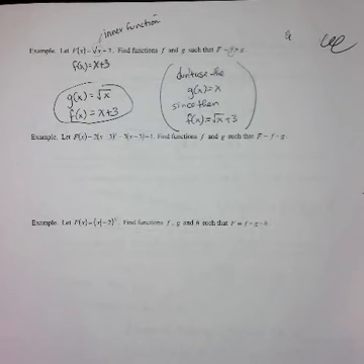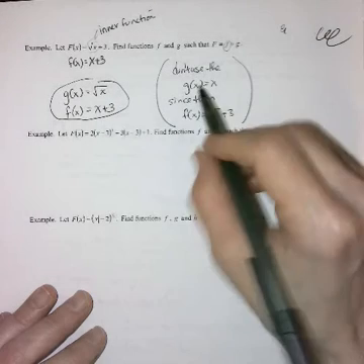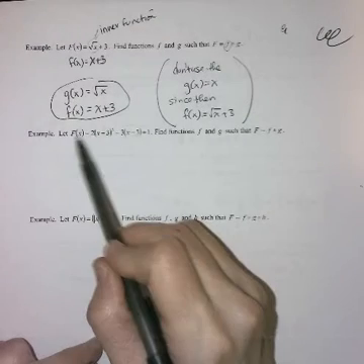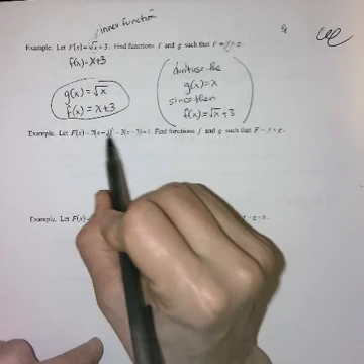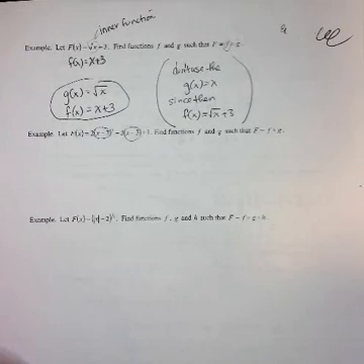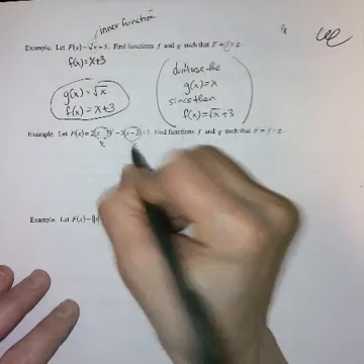Okay, so on to the next one. Again, we don't want to pick just x for our inner. We want to pick something more interesting. So in this function, I think the choice is pretty obvious. Anytime you see an expression more than once in the function, that's going to be a good choice. So we're going to choose this for our inner, and then these will become our x's in our outer.